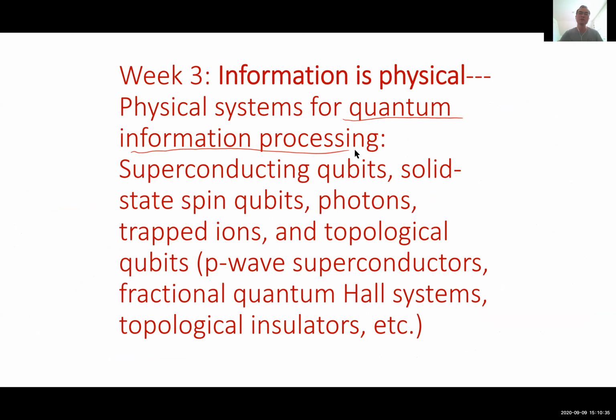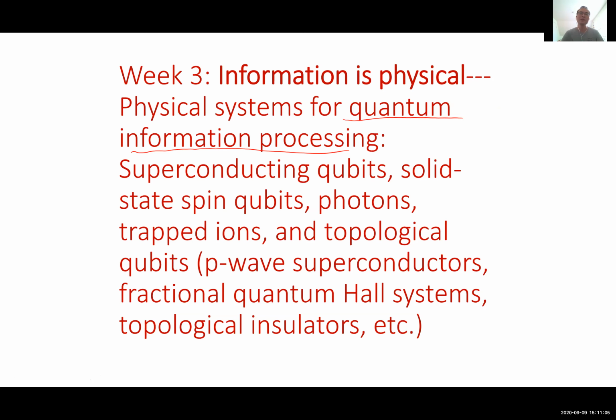This includes superconducting qubit, solid-state spin, photon, trapped ions, topological qubits. So there are a lot of physical systems. I just want to give you some impression of what's being used, and there are varying degrees of detail. You don't necessarily need to know all the detail, but I want to give you an overview.